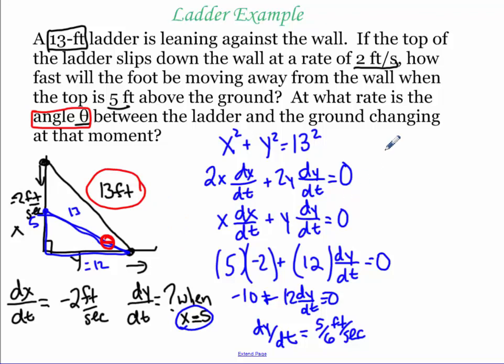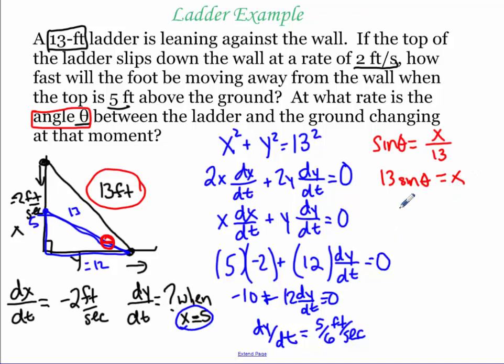So I'm going to use sine. The sine of theta is equal to x over 13. Opposite over hypotenuse. So really I have 13 sine theta equals x.